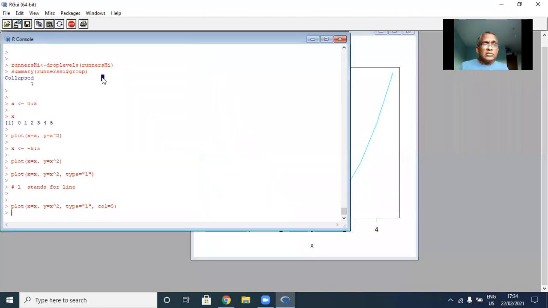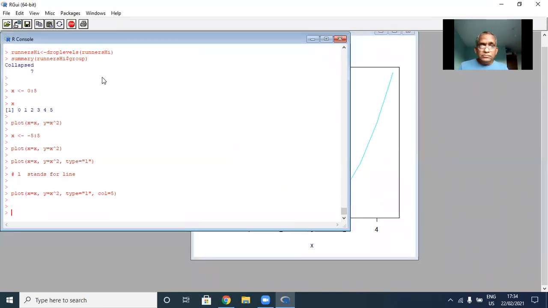Okay. And similarly, like in the tutorial sheet, you can define x to be anything else, say from 0 to 5, length out equal to 100.